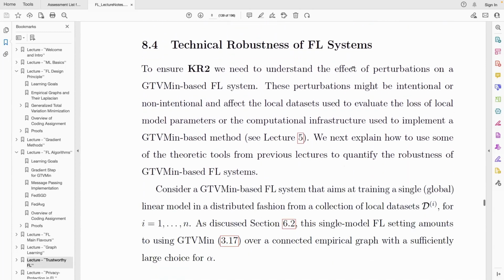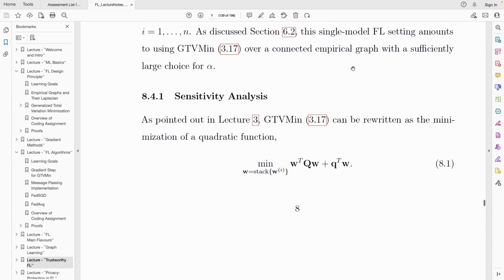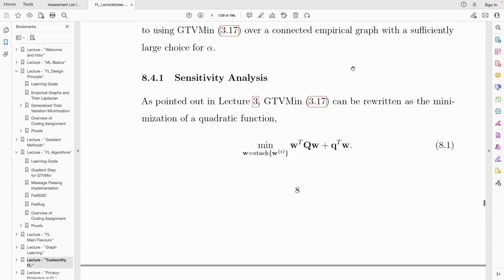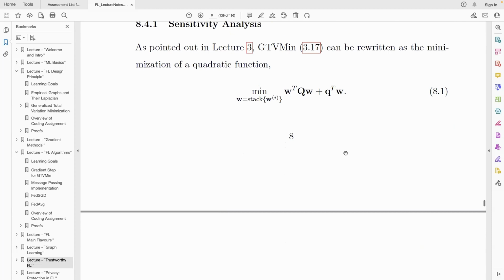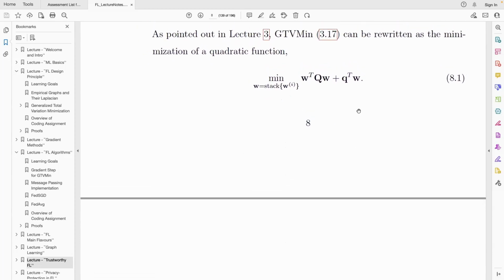I would like to tell you a bit more about technical robustness from an engineering perspective. I did my PhD in electrical engineering, and when I hear robustness, I think about sensitivity analysis. Here that means characterizing how much the solutions of GTV minimization change when the parameters of the problem change.